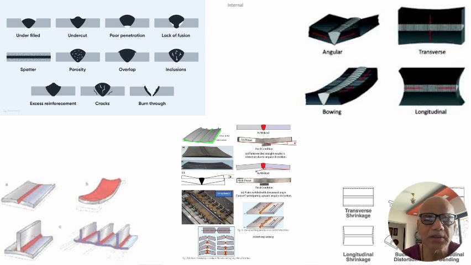There are mainly 3 types of defects which we see. The defects which originate because of the setup. If the setups are not done to perfection, we have seen that root gap, root face, included angle, mismatch, and so many other possibilities by which there could be a defect because of imperfection in the setup.